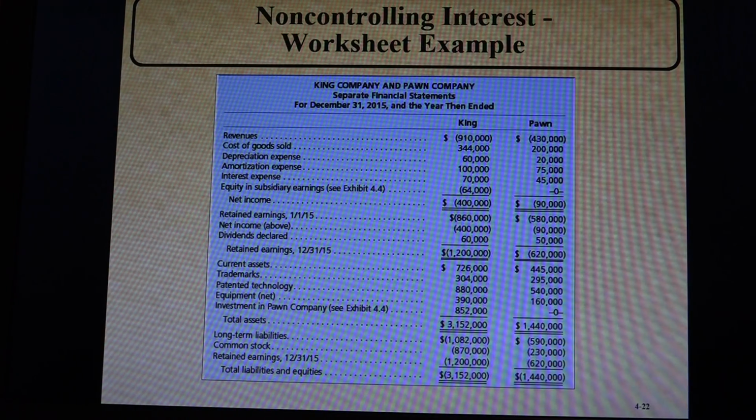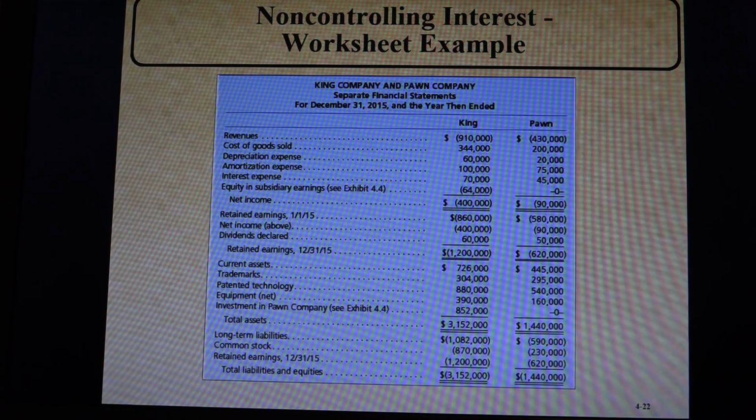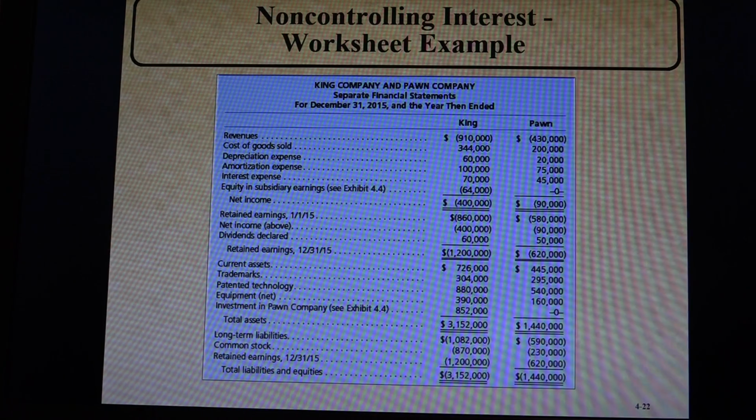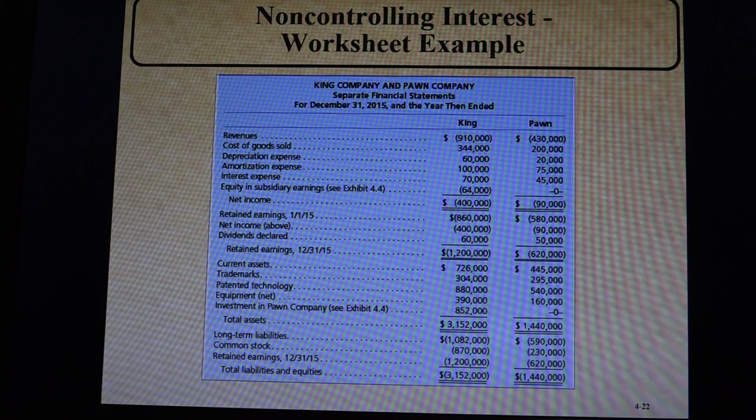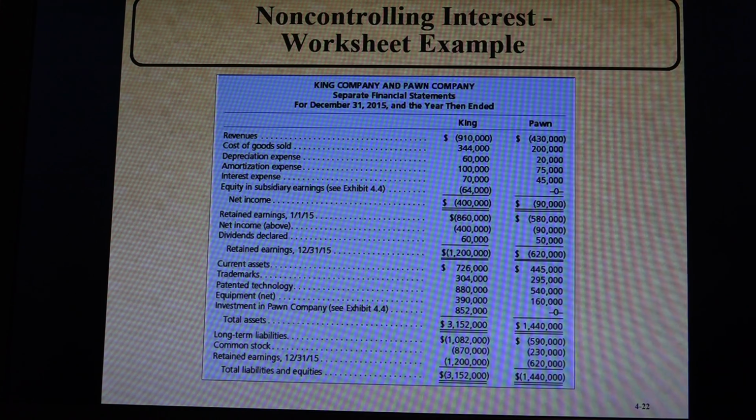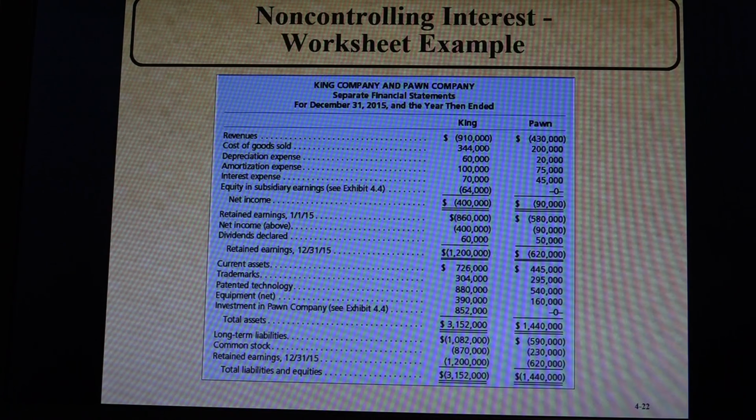And so what you need to do is look at some of these entries that they've made. They go right to this, which I think is kind of ridiculous. But this is Exhibit 4.5.